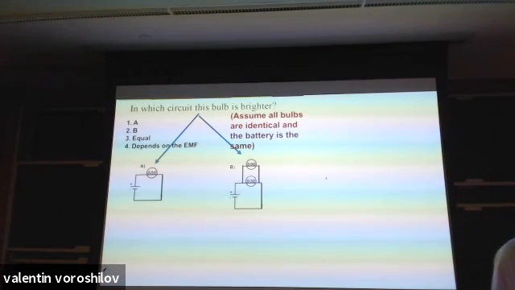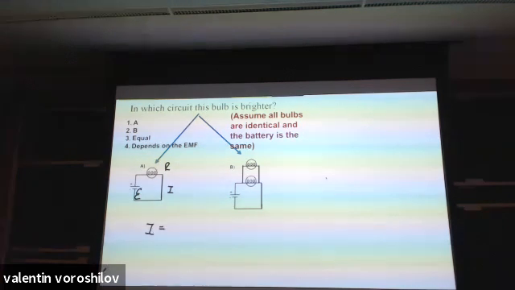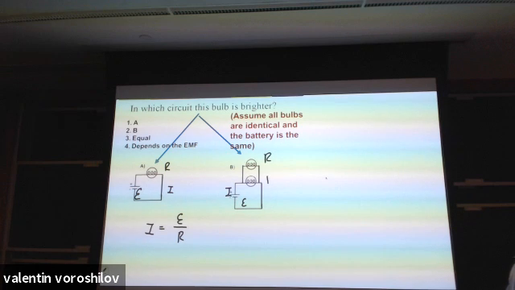So, what do we have to write? Here, EMF, resistance, current, electric current equals EMF, which is voltage over battery over R. What do we have to write here? Well, EMF, all right, current, all right, resistance, resistance.